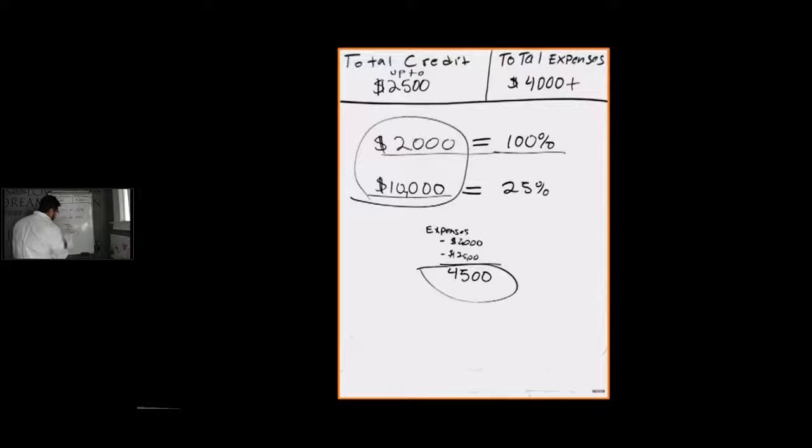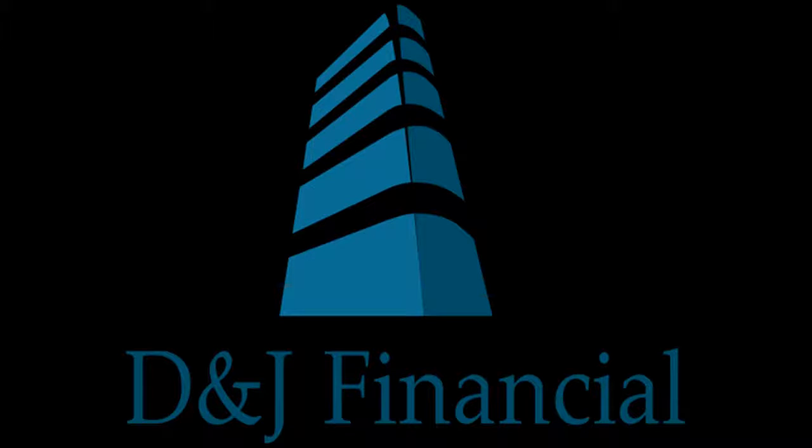Well, not anymore, because you already understand why. The IRS rule says I'm going to look at the first 2,000 at 100%, and then everything after that I'm only going to look at 25%. In the next portion of the class, we will cover the lifetime learning credit, which is part of the education credits.